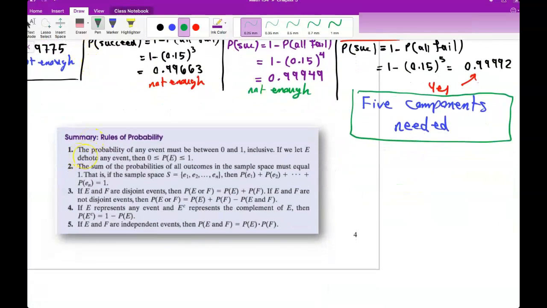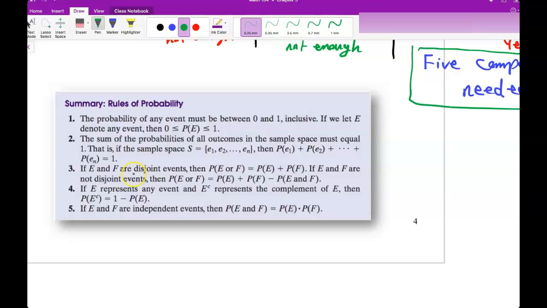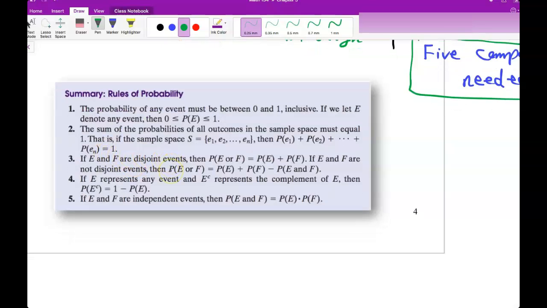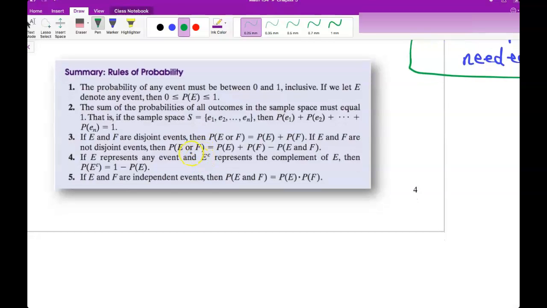Okay, and that's why we have the summary of the rules of probability. So we covered all these. The probability of each event should be between 0 and 1, and adding all of them should be equal to 1. When you have "or" in between, this is union: the probability of E plus the probability of F minus the probability of E and F, where "and" is intersection.